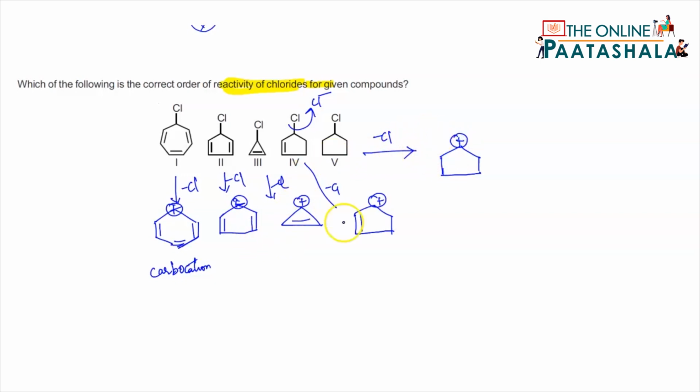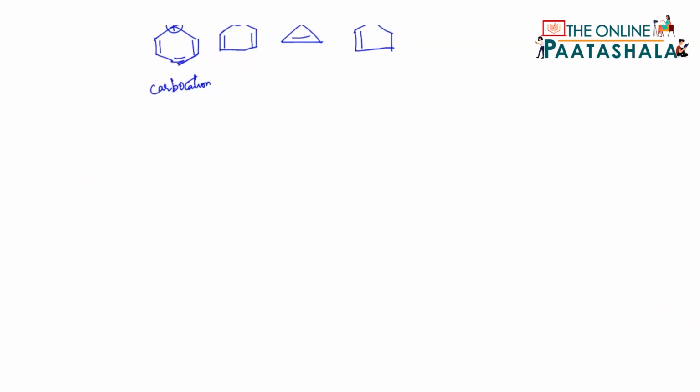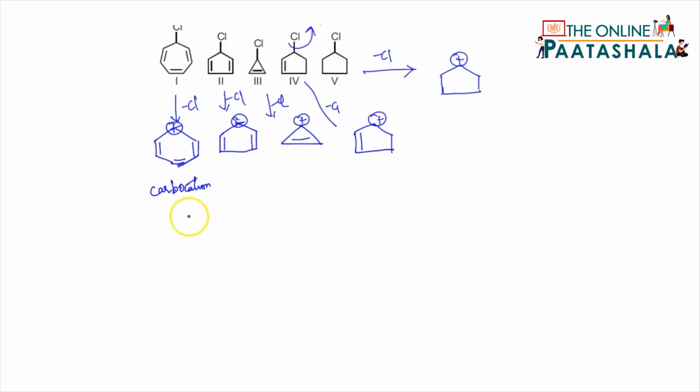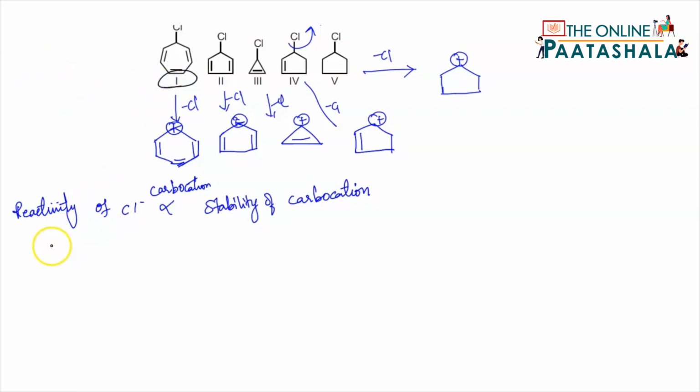Now we have to write the order of these. As given here, these are all carbocations. The key point is that reactivity of chloride is directly proportional to the stability of the carbocation. The first carbocation is very stable because of its aromaticity.